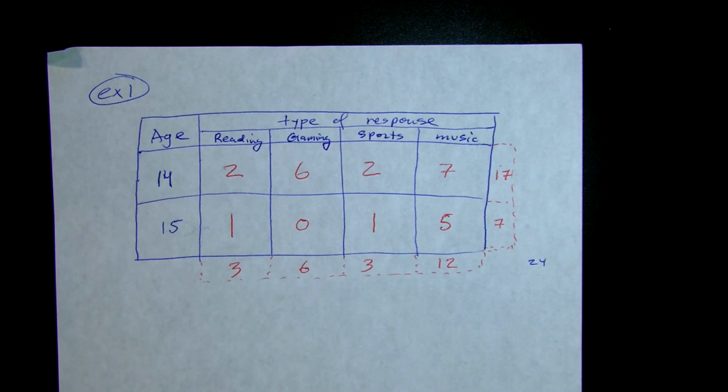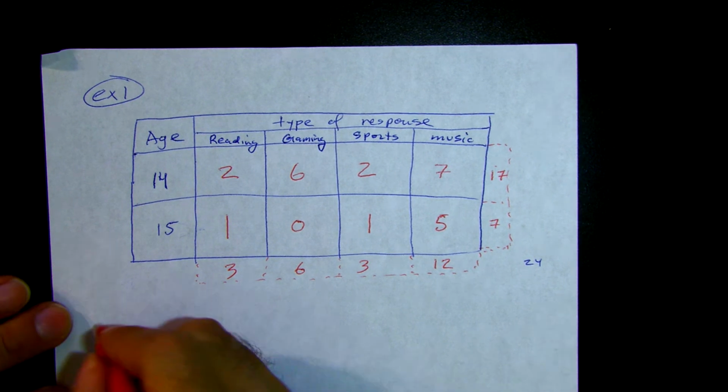Create a two-way frequency table showing the subjects or the hobbies. Good. Find the marginal frequencies. Good. What are the conditional frequencies relative to the total number of people surveyed?